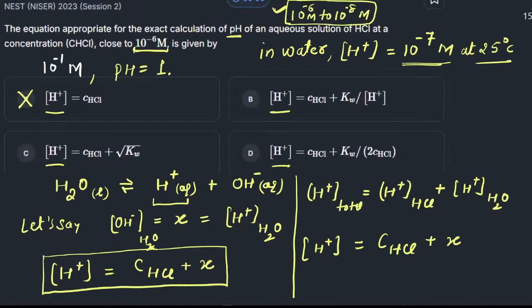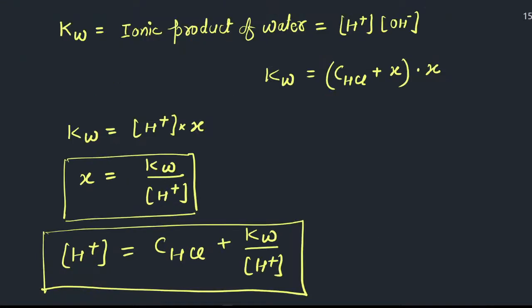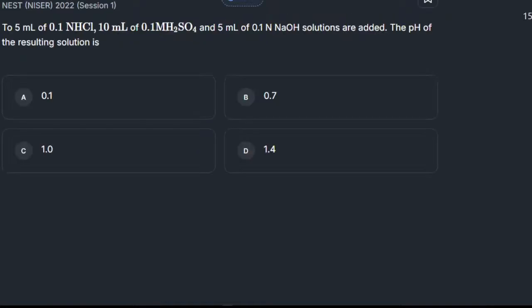So this one is correct: H plus ion concentration is equal to concentration of HCl plus Kw upon H plus. So B option is correct. Got it? Okay. Yes, do it. This is a very easy question.